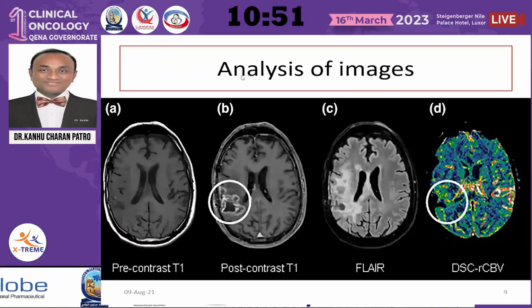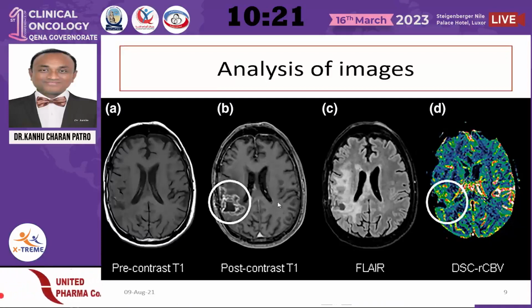If you see the analysis of the pre-op scan images, when you give contrast, the part around the cystic area is more hyperintense. In the T2, you can see the varying T2 FLAIR abnormality, and in the perfusion you can see the hyperperfused area also in that region.